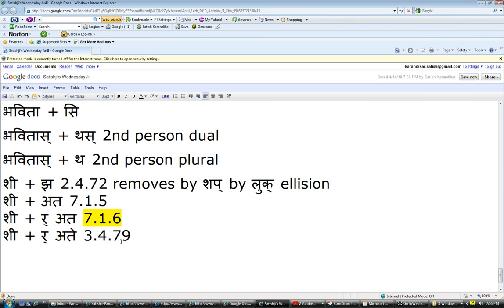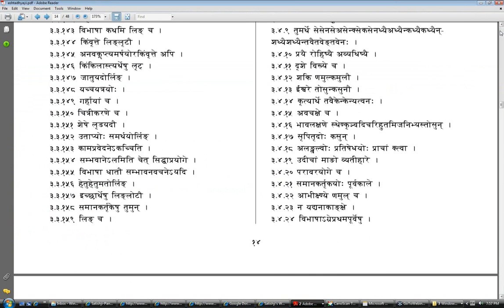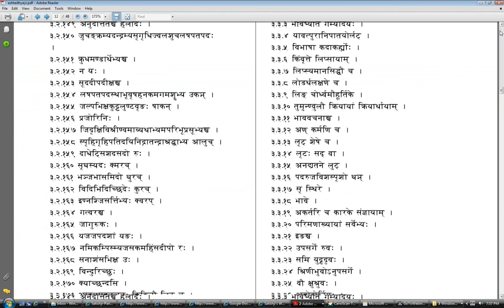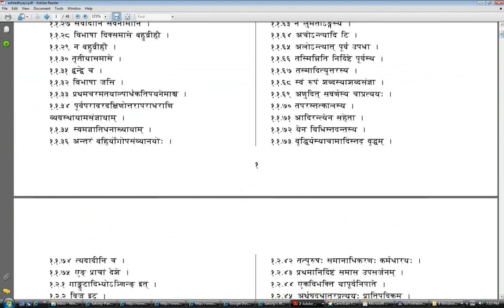And then the moment it is sarvadhatukam, because sarvadhatukam apit, you get the nitvat, and that stops the guna. Okay, wait, one more time, a little bit slowly: this sutram 1, 2, 4, I think it is, which says that in the sarvadhatukam apit.